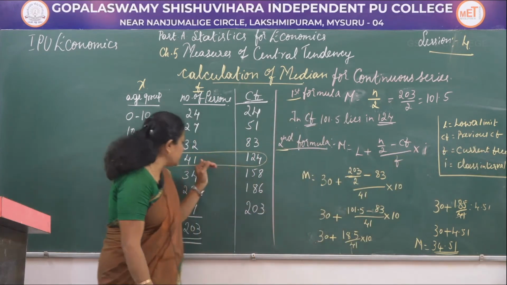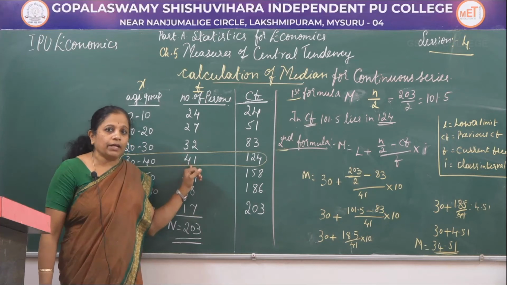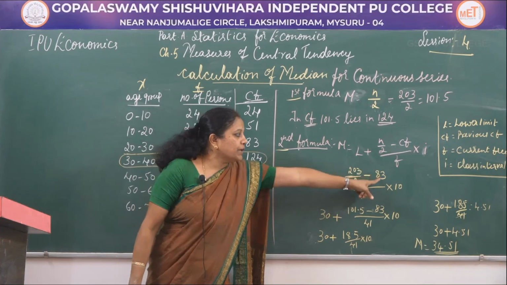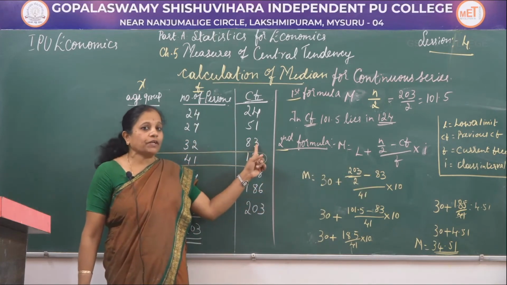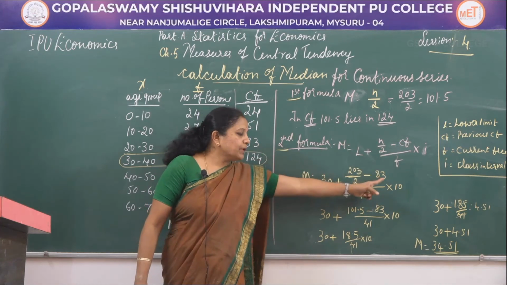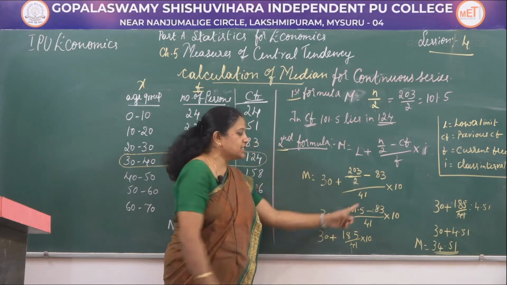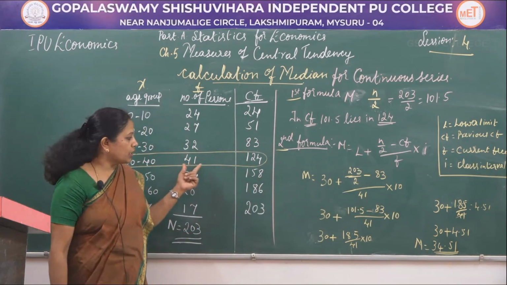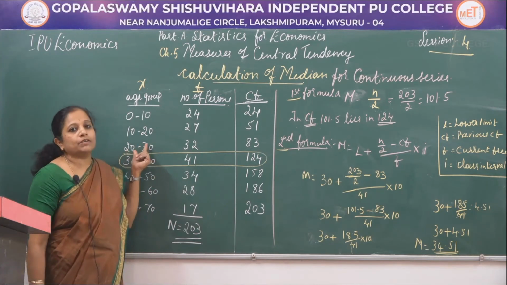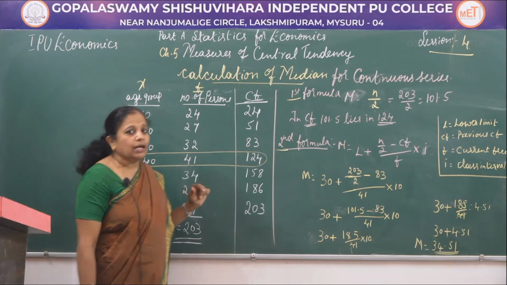And f is the existing frequency of the series where the median value is located. The existing frequency is 41, multiplied by 10, that is the class interval, the gap between the lower limit of the class and the upper limit of the class.